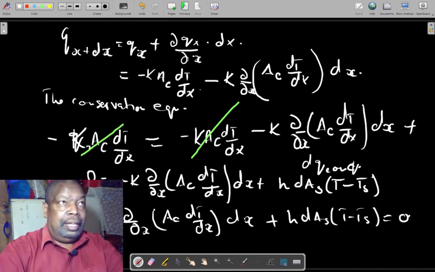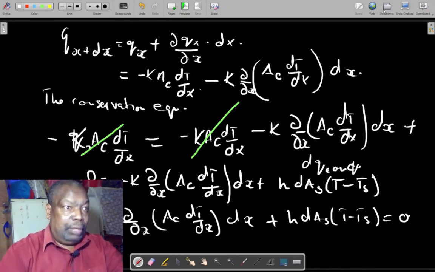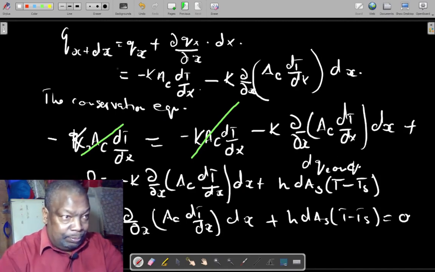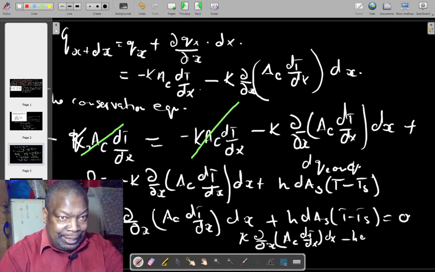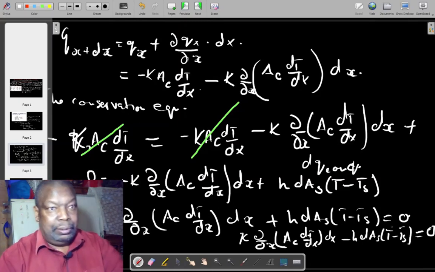Or we can put it this way: k d by dx of (Ac dT by dx) minus h dAs (T minus Ts) is equal to 0.